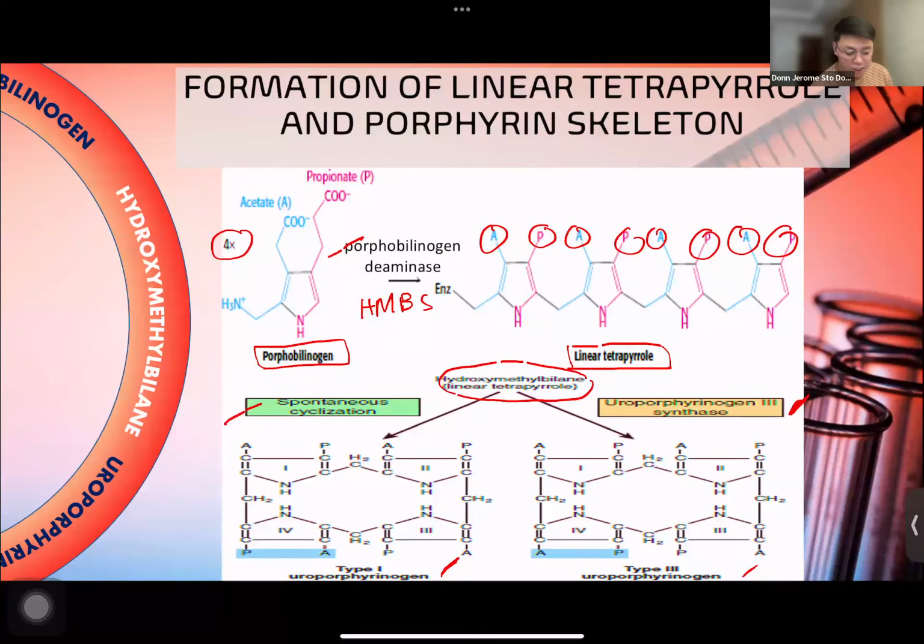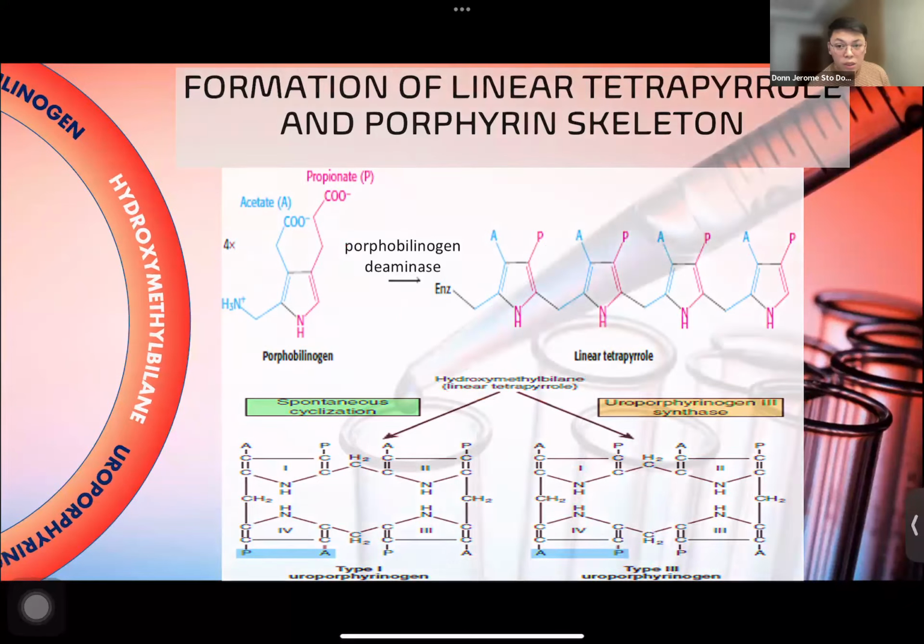Again, how do we distinguish type 3 porphyrinogens or porphyrins from other porphyrinogens or porphyrins? That is the presence of an asymmetric side chain on ring D or ring 4. Acetate propionate, acetate propionate, acetate propionate, propionate acetate. Nagbaliktad po. Between the two, which is the physiologic type of porphyrin? It's your type 3 uroporphyrinogen or uroporphyrin.